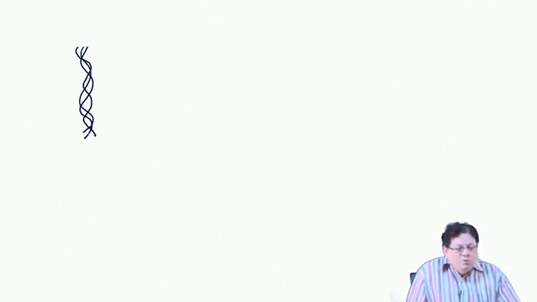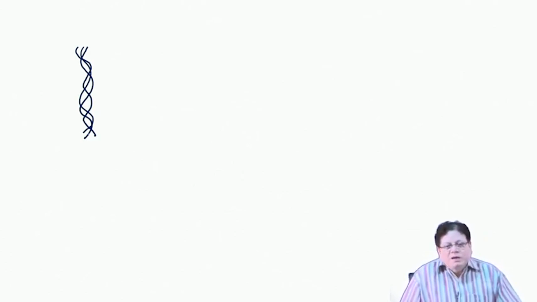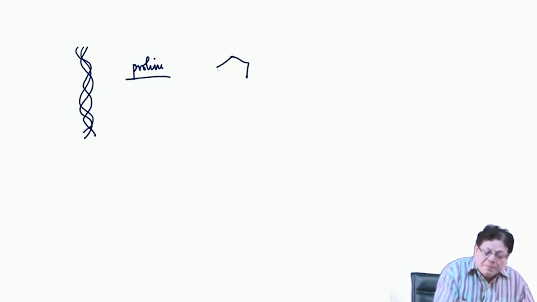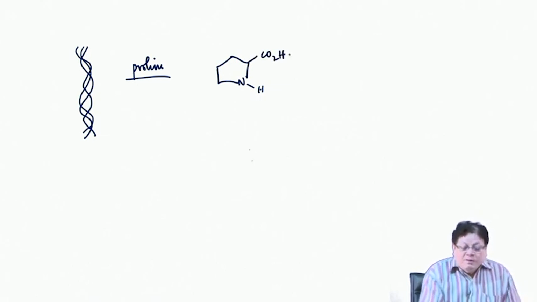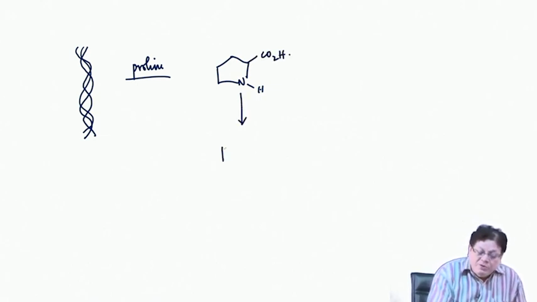So, in order to form the triple helix, what has been found is that proline, the only secondary amino acid, has to be converted into 4-hydroxyproline: 1, 2, 3, 4.